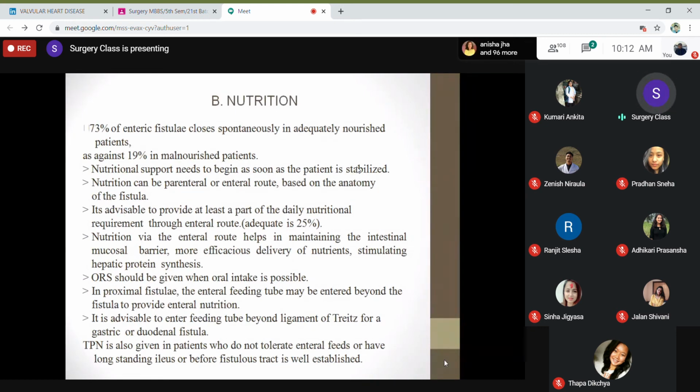So nutrition is the only thing, and that will give you immunity also. So nutrition has to be there, and hydration, that is the total fluid and electrolyte balance, for all fistula patients. Maintain the nutrition, whether through parenteral route or oral route, and then control the infection and maintain the intake and output.